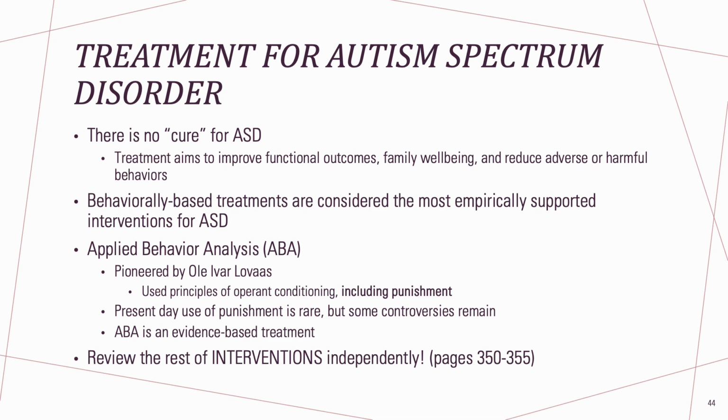So there's some controversy about it, but nonetheless, ABA is an evidence-based treatment, and when it's done correctly and ethically, you tend to hear a lot of families who feel that they've immensely benefited from a child having ABA services.